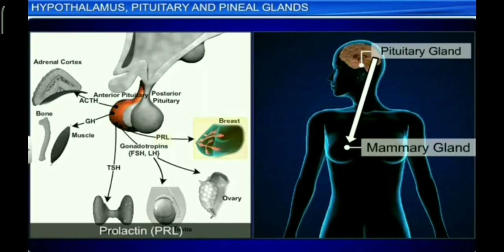That's why it is called mammotropin, and stimulates the milk production and secretion of milk, that is lactogenic, by mammary glands after childbirth. So we can call this hormone prolactin or luteotropin or mammotropin or lactogenic hormone.